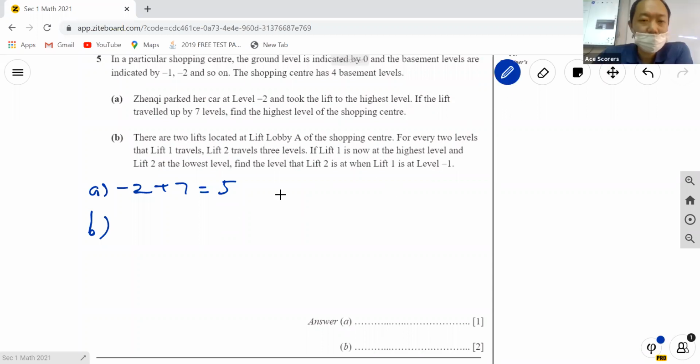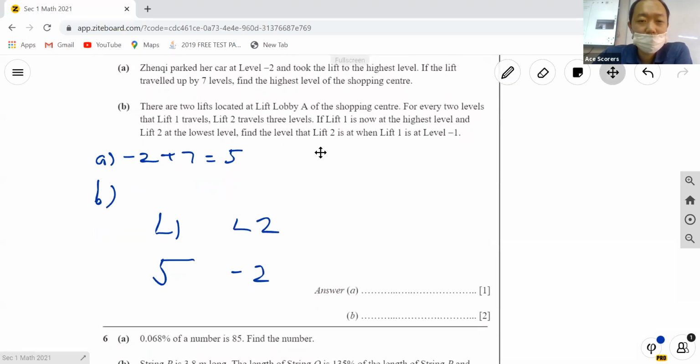Okay, let me try. For every 2 levels that lift 1 travels, lift 2 travels 3. If lift 1 is now at the highest level, which is level 5, and lift 2 at the lowest, minus 2, find the level that lift 2 is at when lift 1 is at negative 1.